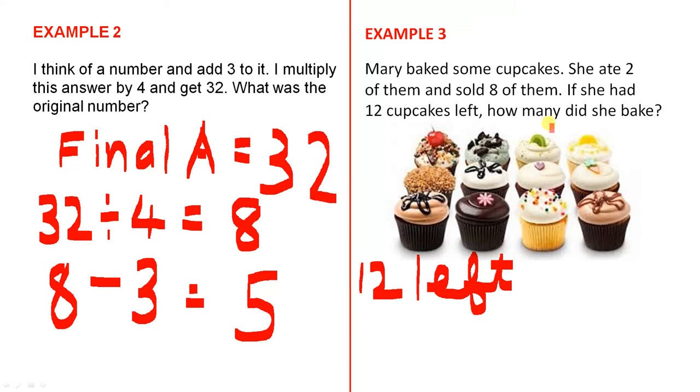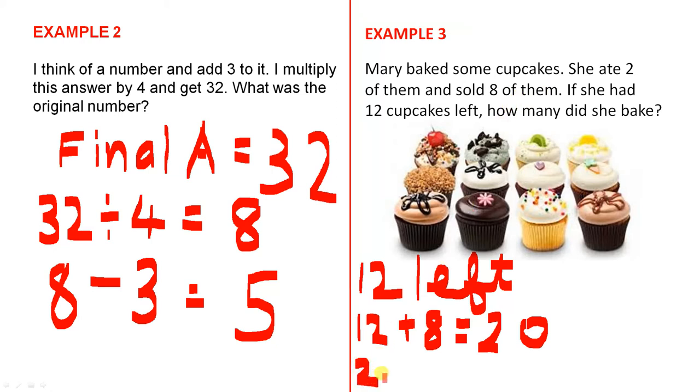Okay, she had 12 left. Now, it says she sold 8 of them. So, 12 plus 8 equals 20. Okay, that's before she sold any. She had 20. She ate 2 of them.